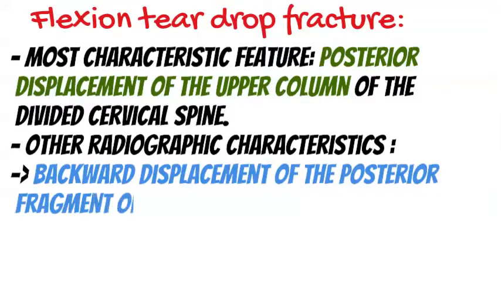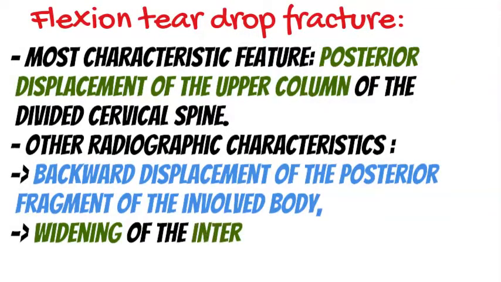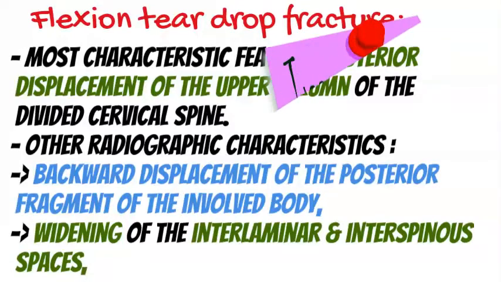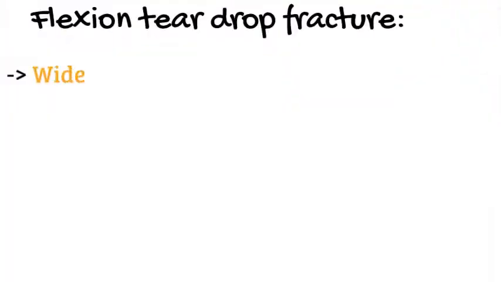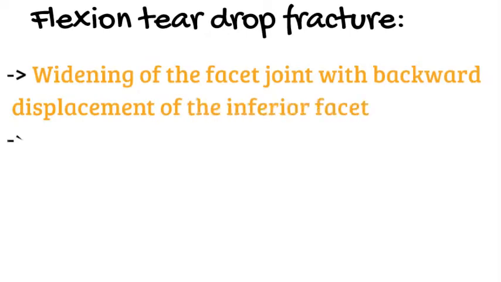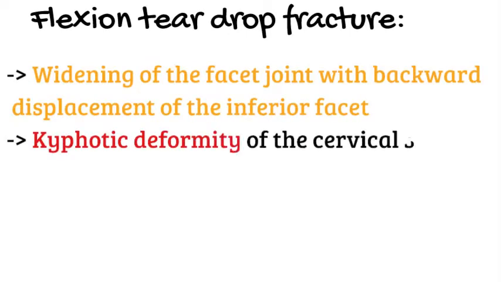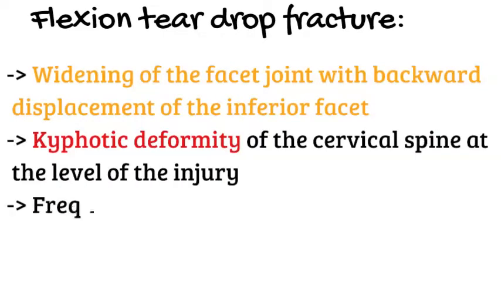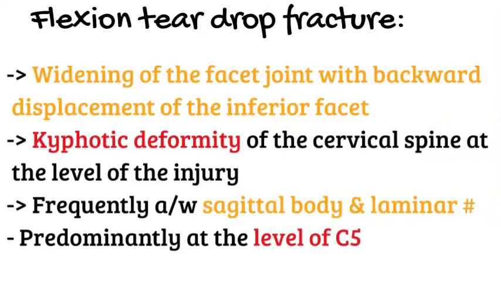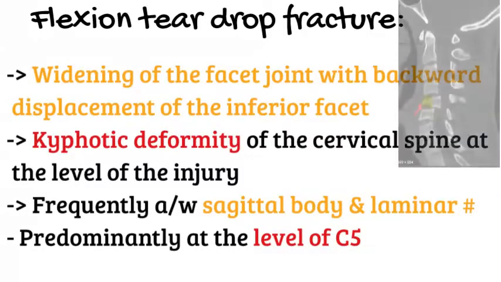Other radiographic characteristics include backward displacement of the posterior fragment of the involved body, widening of the interlaminar and interspinal spaces, widening of the facet joint with backward displacement of the inferior facet, and kyphotic deformity of the cervical spine at the level of the injury, frequently associated with sagittal body and laminar fracture, predominantly at the level of C5.